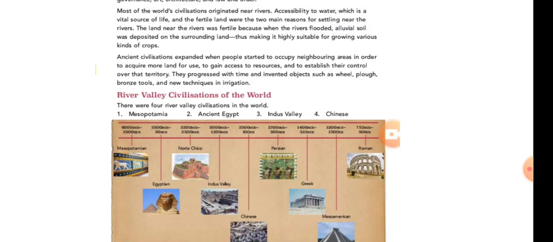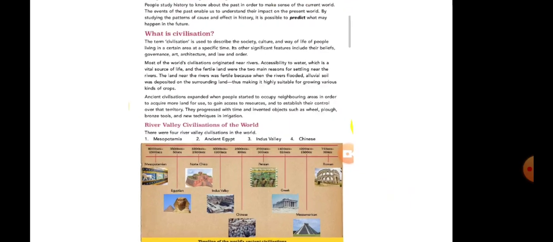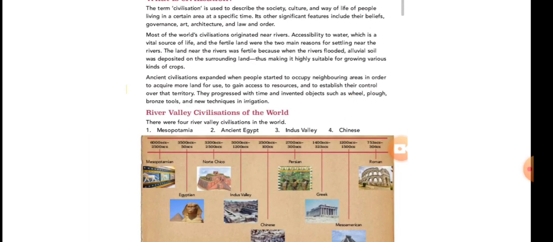And then in these pictures you can see different civilizations of the world, like here it is Mesopotamian, Egyptian, North Chico, Indus Valley, Chinese, Persian, Greek, Mesoamerican and Roman.